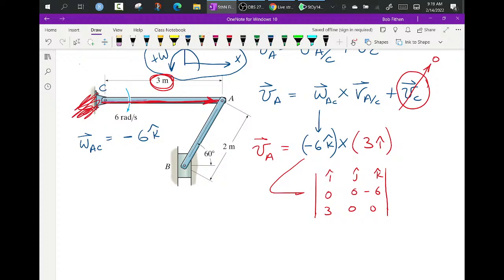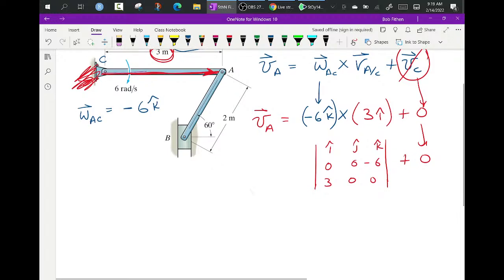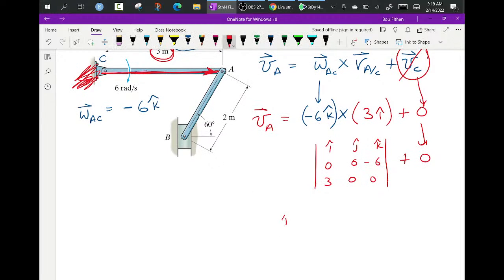and then at this point I could say plus 0, because that's what that is. Then from here I can do a cofactor expansion. The reason I do that is just because I'm less prone to make mistakes that way. So if I do a cofactor expansion, I take the I, and I'll get that, put there, 0 minus 6, 0, 0.